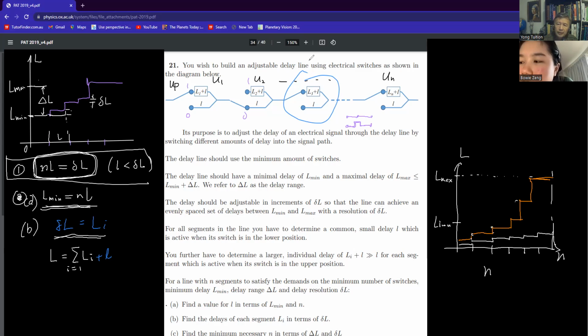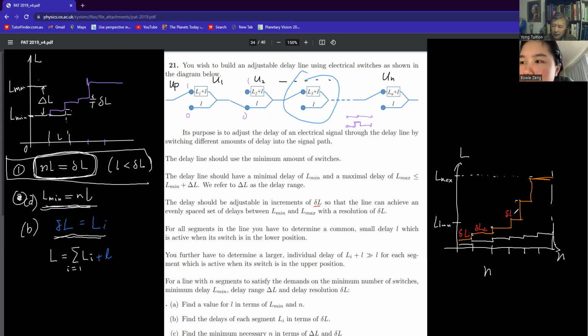Let's just read this. The delay should be adjustable in increments of that. Does that increment vary over every step or not? Does it vary, 1, 2, 3?